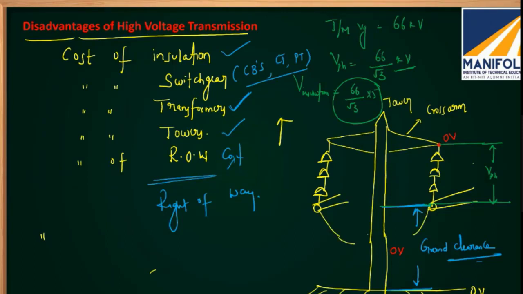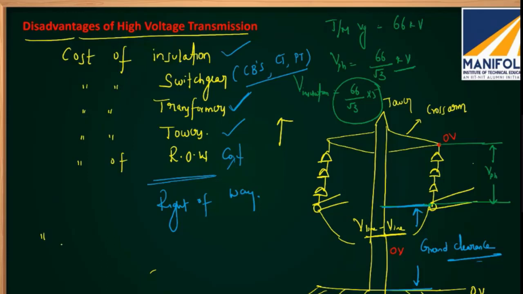This voltage is line to line voltage. And moreover, providing insulation for phase to neutral voltage is cheaper when compared to providing insulation for line voltage, because it will directly reduce the voltage by a factor of root 3.